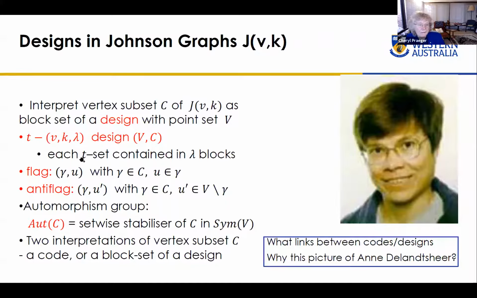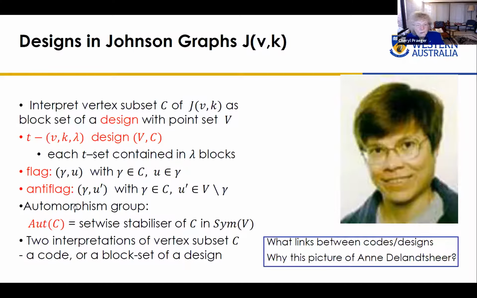And the condition is that every T element subset of points from V is contained in exactly lambda blocks from C. And if we're thinking about designs, then the sorts of combinatorial objects we're interested in would be flags of the design, which would be pairs, a block or a code word, a block gamma and a point in gamma, or they might be anti-flags, a block from the code and a point not in that block.